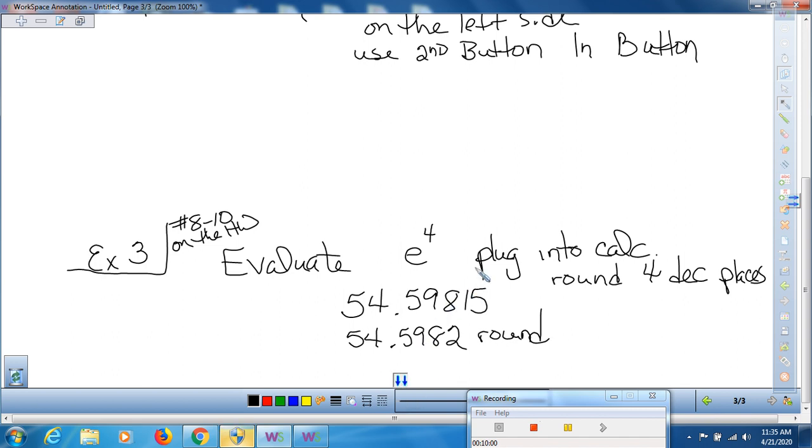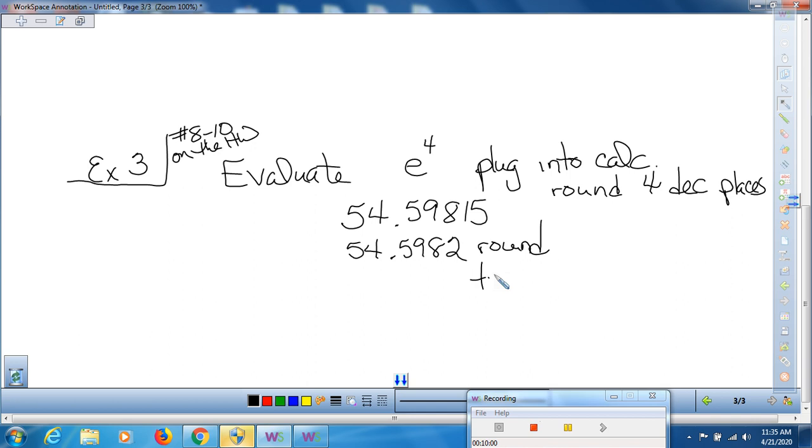It's called truncate. Truncate means you just cut it off. If you truncate it, this would just simply be cut off after the fourth decimal place. So 54.5981. I'm going to ask you today to round, but in the future the word truncate might come up.